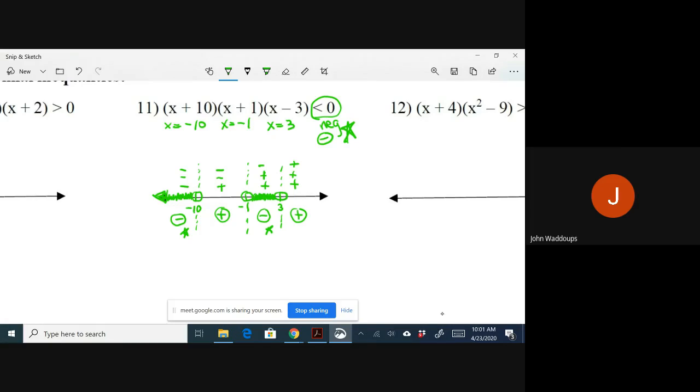And so in interval notation, we'd say this goes from -infinity to -10, union -1 to 3. And that interval notation is our answer. But as I said before, the graph is important too because it helps us get to that answer. And a lot of times they'll ask you for the graph, and the graph would be your answer.